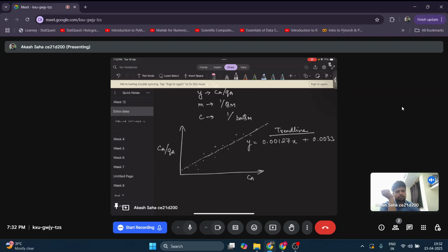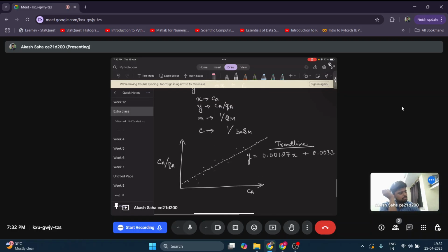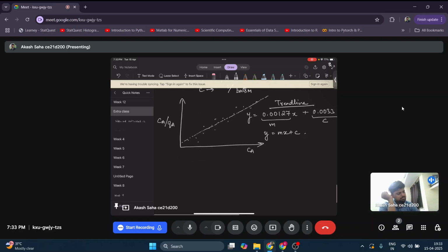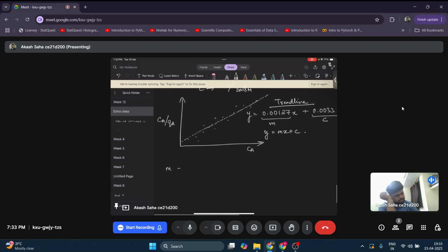As I told you, this is m and this is c, so this resembles y equals mx plus c. From here we can write m equals 0.00127, and I told you m is 1 by Qm.